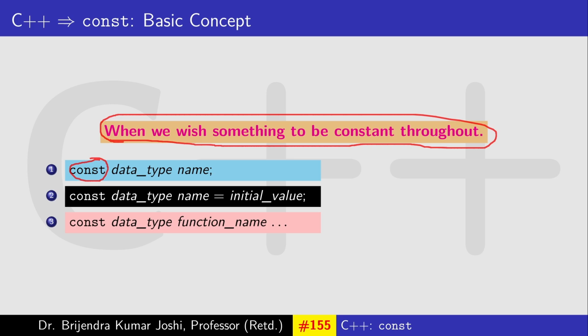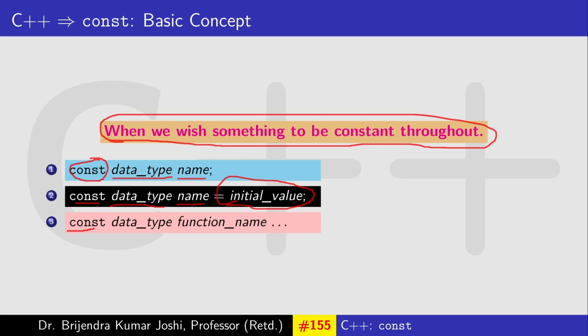So the syntax is simple: const, this is the keyword, then any user or built-in data type, followed by the name, which must be unique in the scope, and a semicolon. Another one is const, some data type, and a name, and at the time of declaration we can initialize its value, which cannot be altered later.